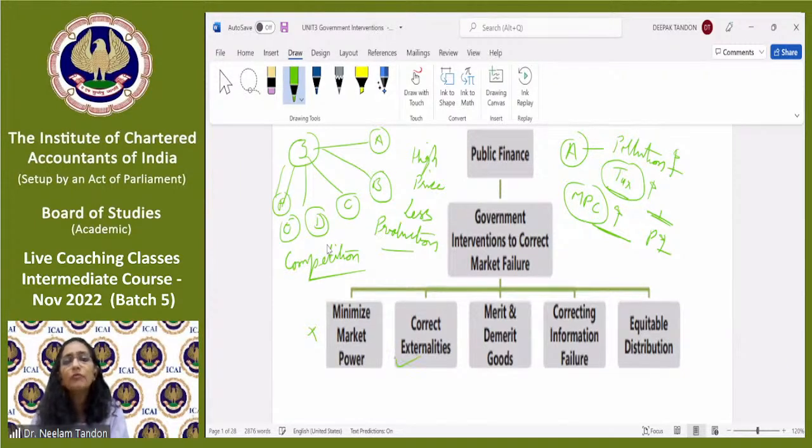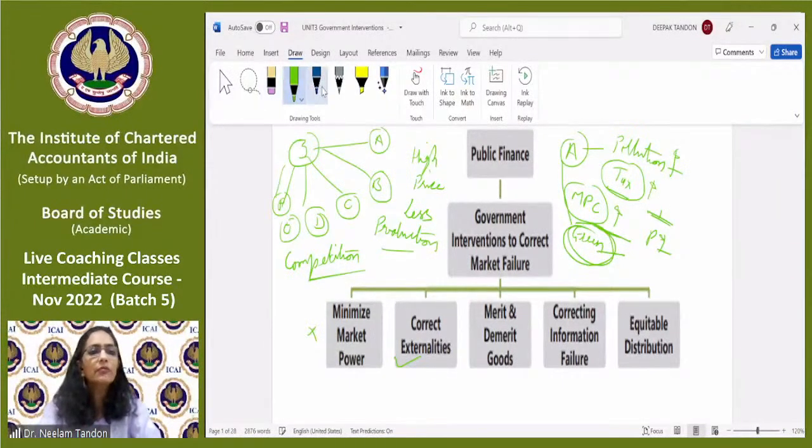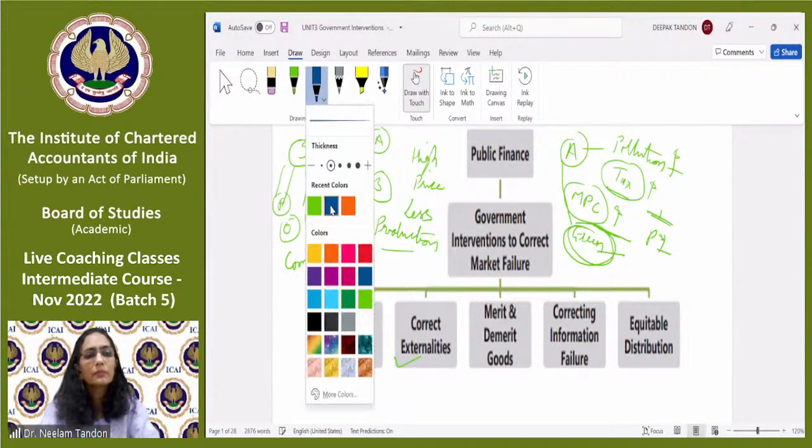Externalities. If you are an environment-friendly firm, so you are a green firm, what will happen in the case of a green firm?